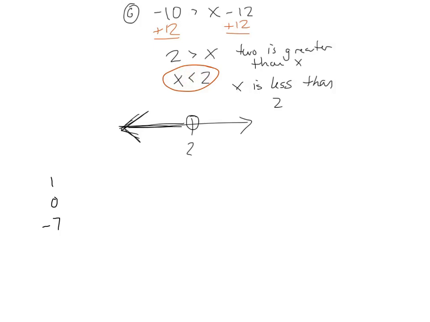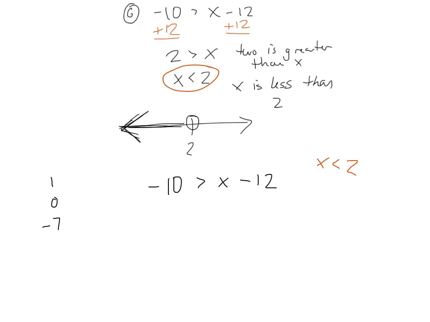Now, how do we check our answer, I guess? Well, let's rewrite our original. Negative 10 is greater than x minus 12. And again, we said the solution was x is less than 2, and then over here were some examples, okay? So what we want to do to check our solution, or check our answer, is plug the solution in here for x.